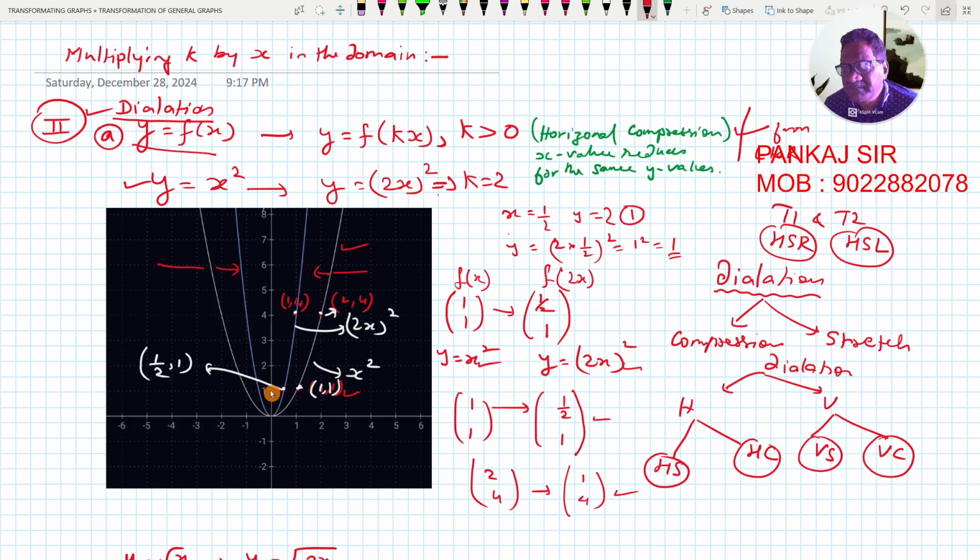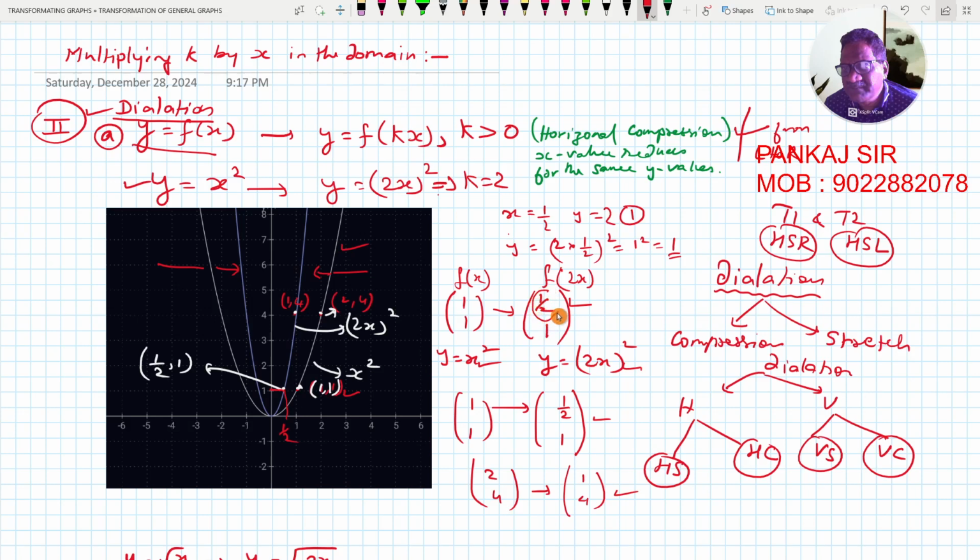You can see that for 1, my x value is 1 divided by 2, that is half. So my x coordinate in the transformed graph is 1 by 2. So what is happening is, if you multiply this x by k in the transformed graph, that x should be divided by that quantity k. That is why I have divided 1 by 2 over here.